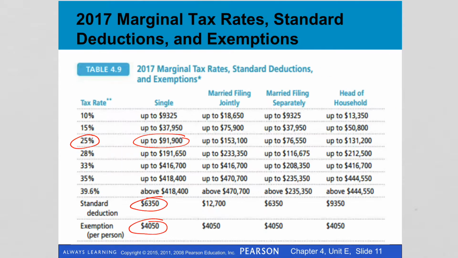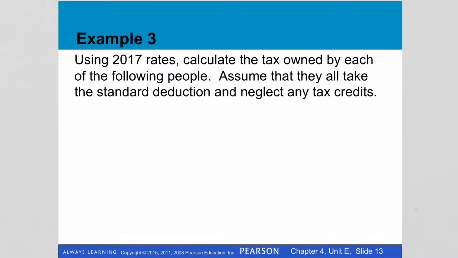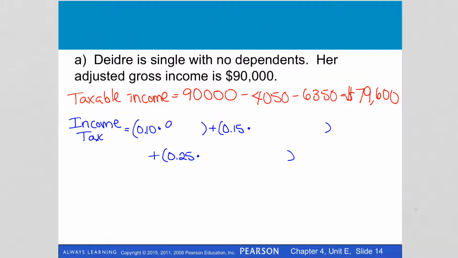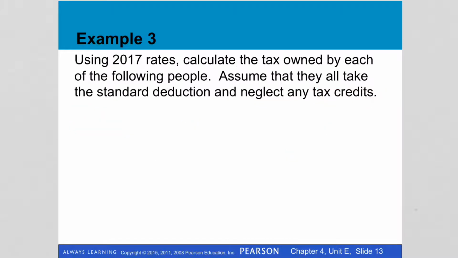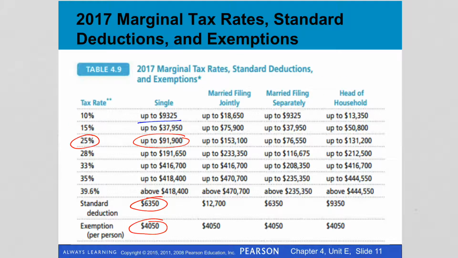So looking back at the table, up to $93.25, she pays 10%. Up to $37,950, she pays 15%.